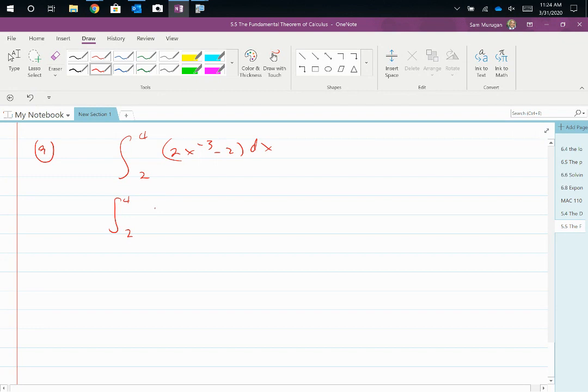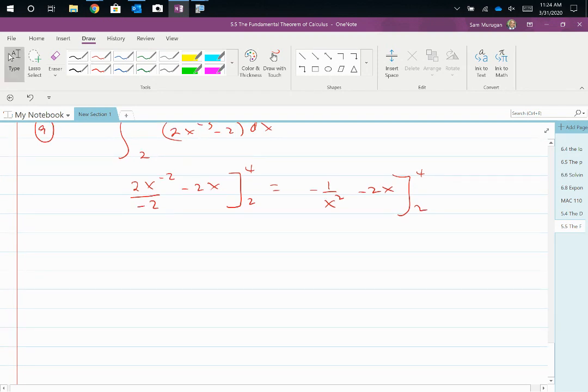Add 1 to the power, and divide by negative 2. So 2x to the power negative 2 divided by negative 2 minus 2x between 4 and 2, which is negative 1 over x squared minus 2x between 4 and 2.